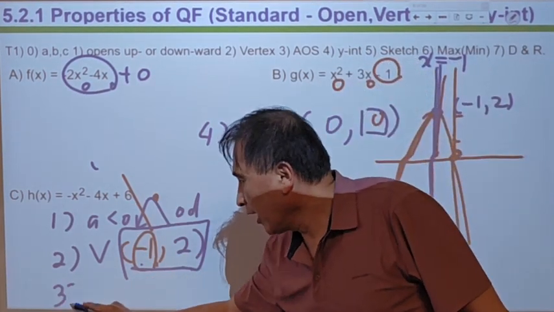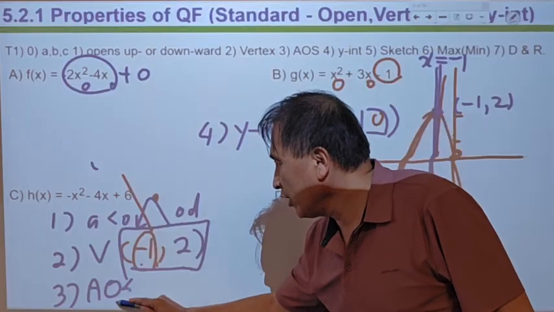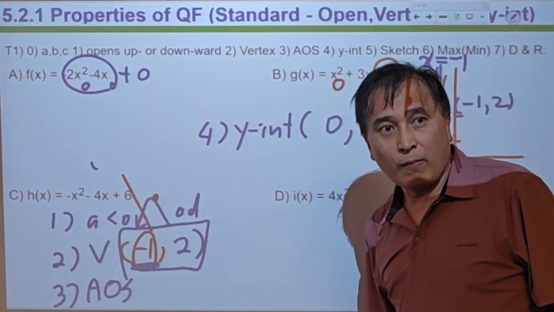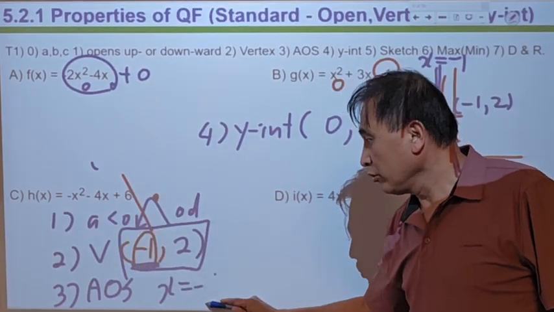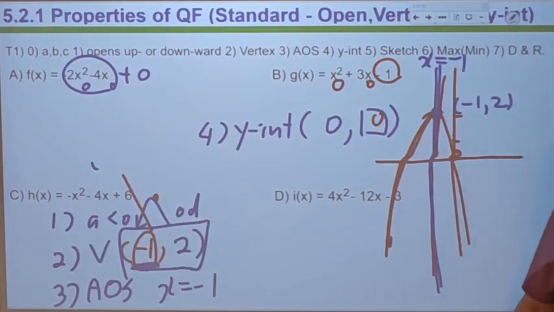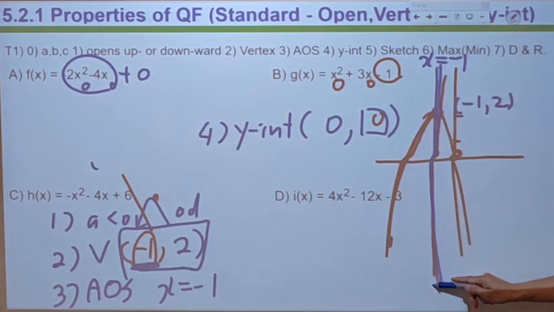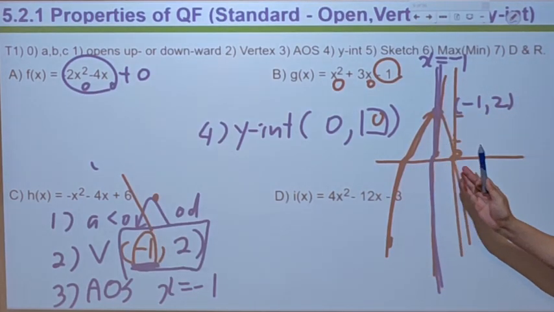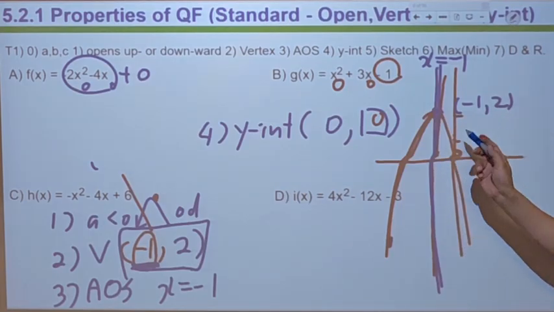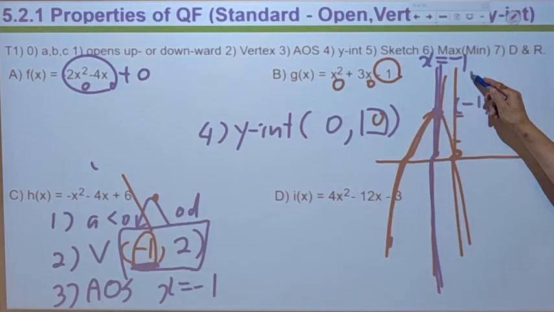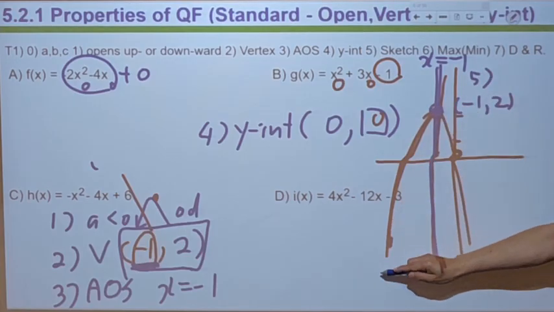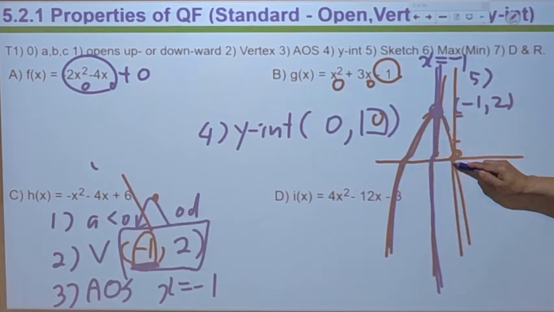So 3, axis of symmetry, x value negative 1, right? That's x equal to negative 1. You need to write x equals. So as you see, this line x equal to negative 1 is the symmetry line, axis of symmetry. Clear? And we did sketch the graph right there. Now, this graph is like this, right?